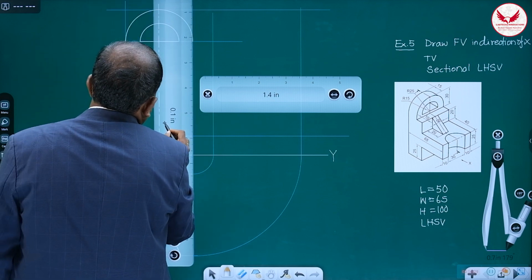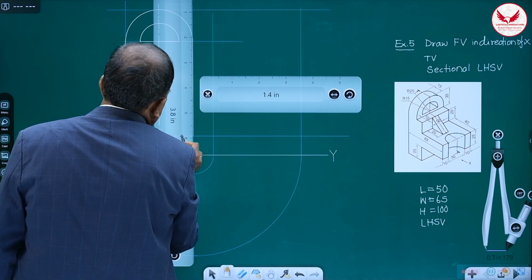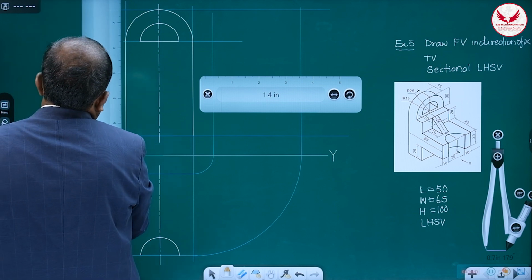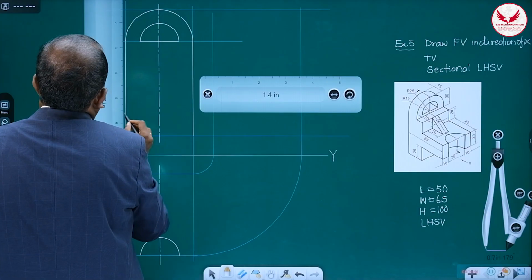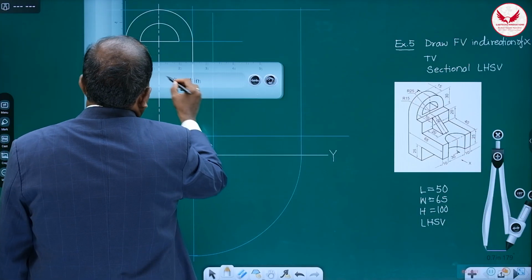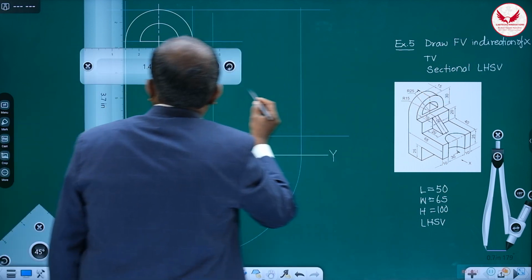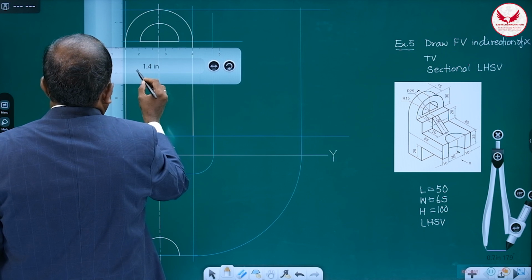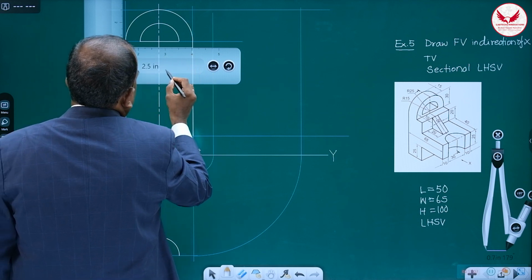And from this side also we can draw it. Then if I keep this scale over here, from the top at a distance of 30, this overall is 30, meaning there is a gap of 5 mm between that semicircular slot and this edge. We can draw like this, a 5 mm gap.